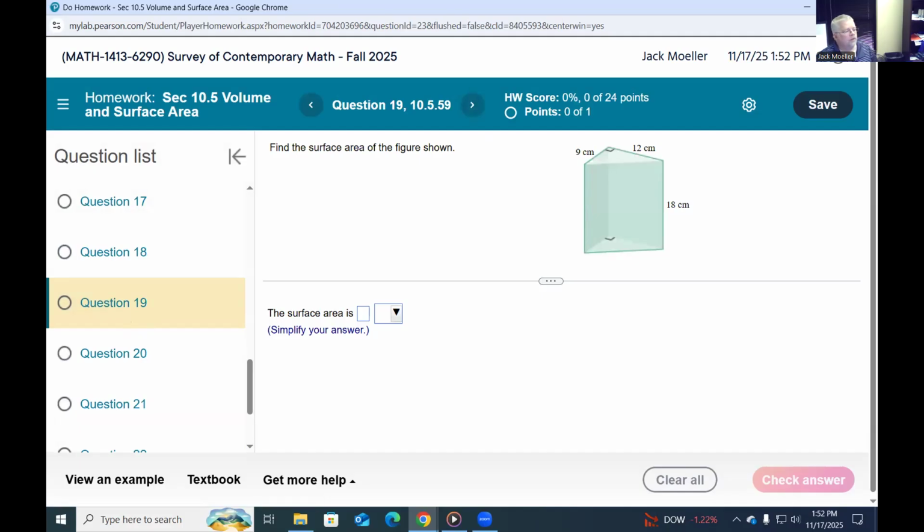Okay, so this one is not a shape that we have. It's not a word problem, but I knew there was at least one in the homework I needed. So find the surface area of this figure. This is number 19. While you're looking at that, I've drawn it on my paper and then we'll discuss.